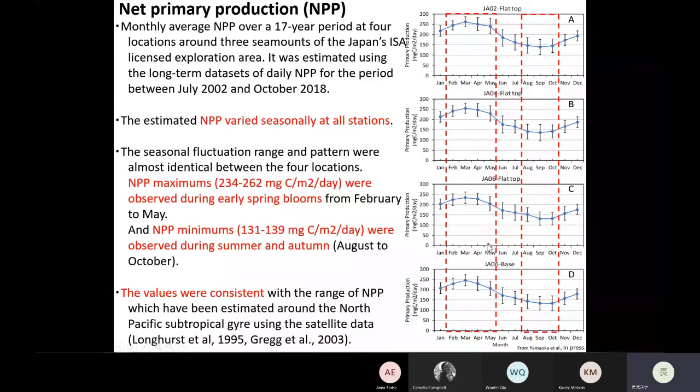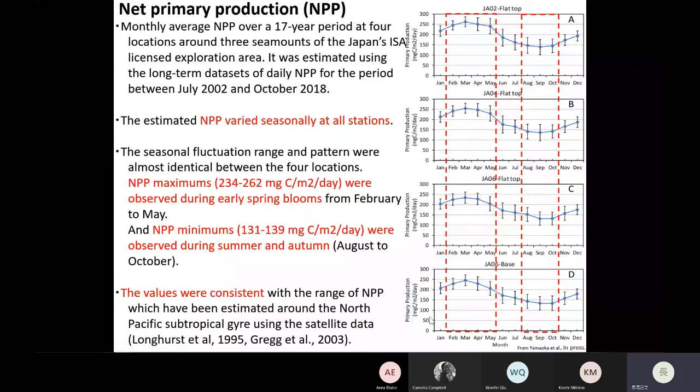NPP maximums were observed during early spring blooms from February to May. On the other hand, NPP minimums were observed during summer and autumn from August to October, and the values were consistent with the range of NPP which has been estimated around the North Pacific subtropical gyre using satellite data.